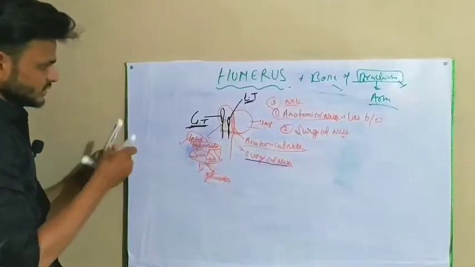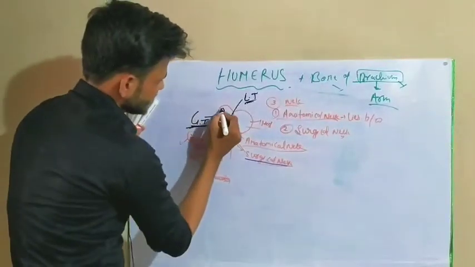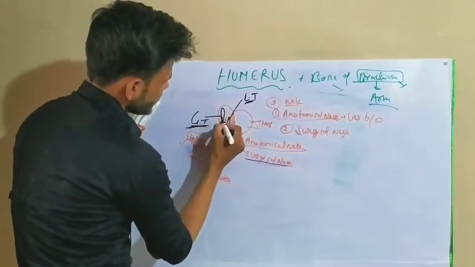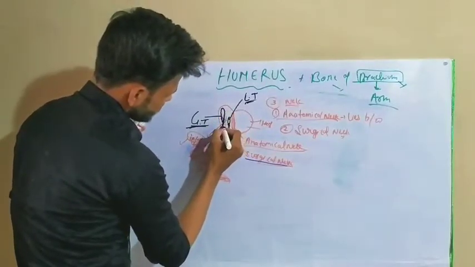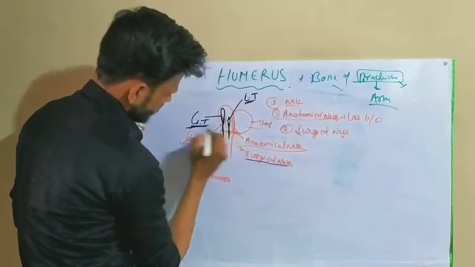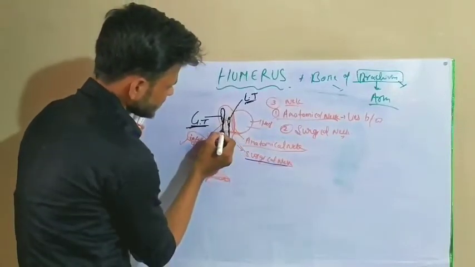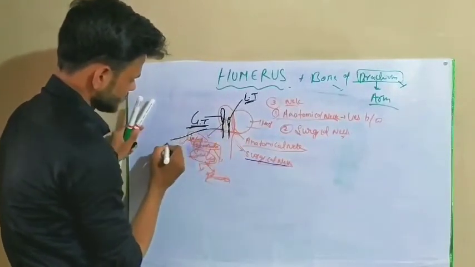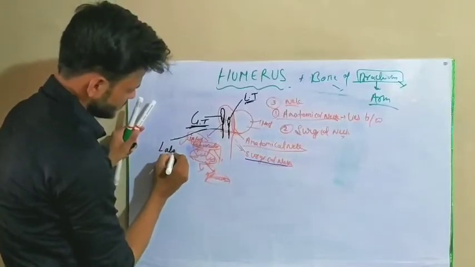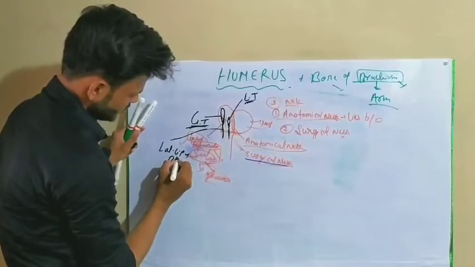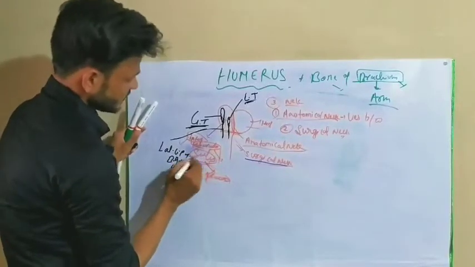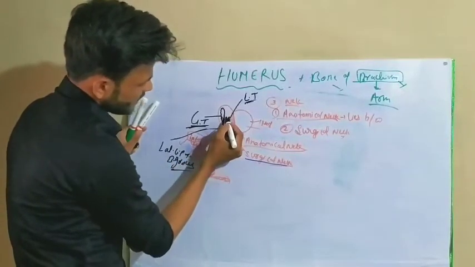The greater tubercle makes a lip that moves downward. This is the lateral lip of the bicipital groove.